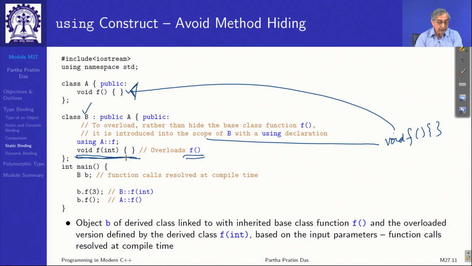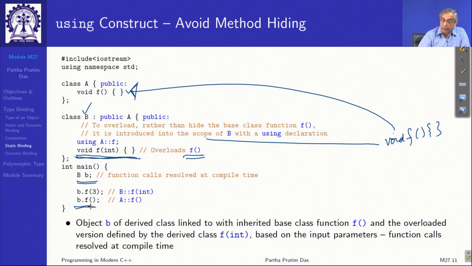As you do that, you will not be able to call the original function. With an object B, you will not be able to call B dot f, because it does not exist, you have already hidden it, masked it.